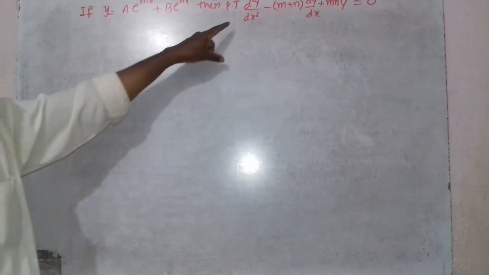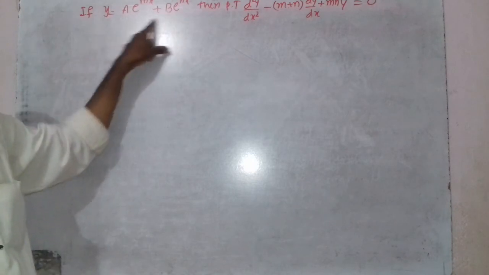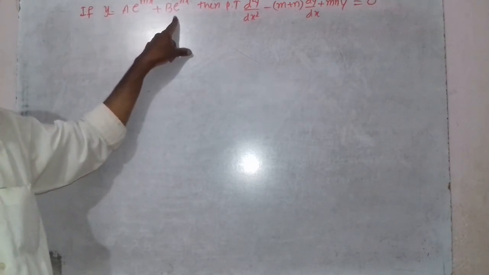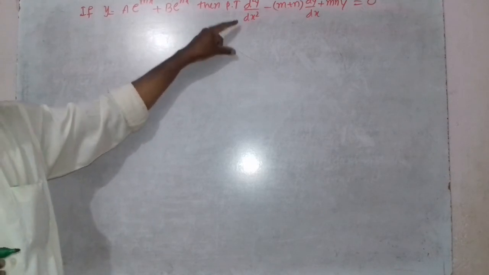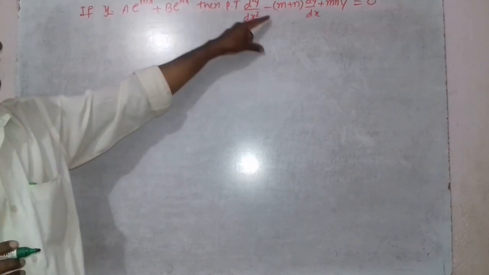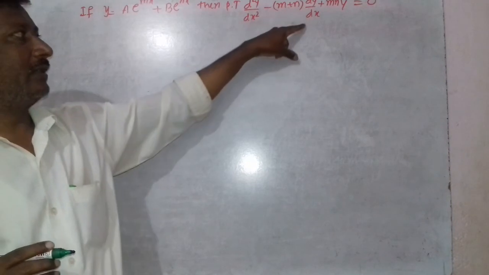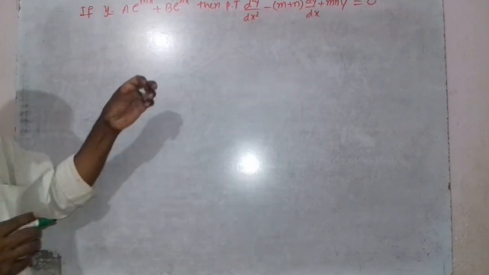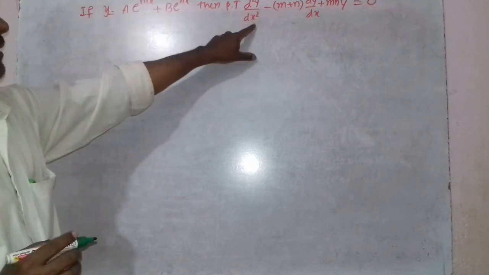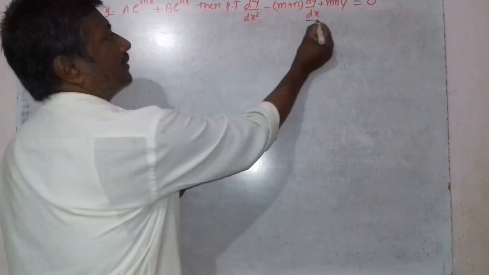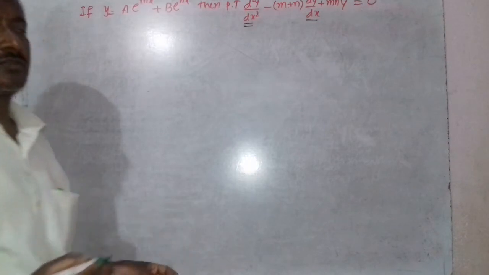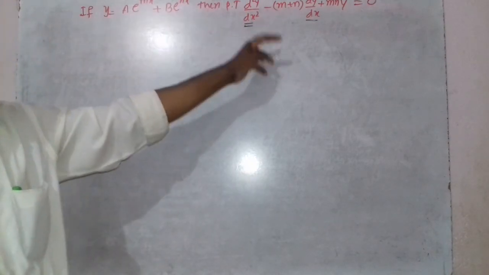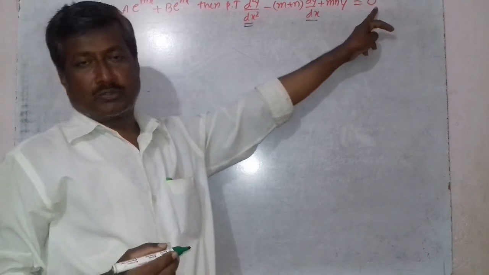So here given expression is y equal to a e raised to mx plus b e raised to nx, then prove that d square y by dx square minus m plus n dy by dx plus mn y equal to 0. So in this problem, find dy by dx, d square y by dx square and substitute those values in this equation, and that must be equal to 0.